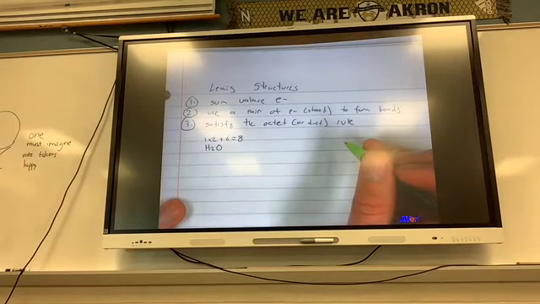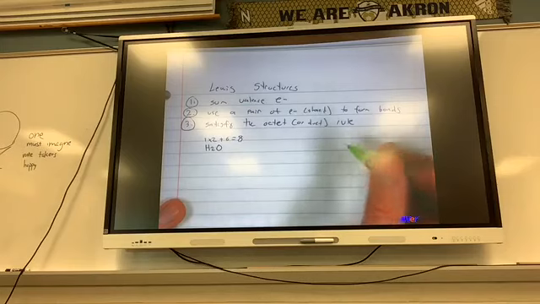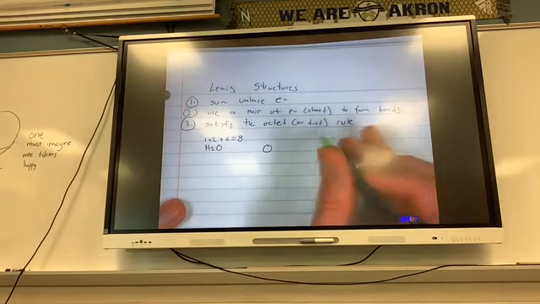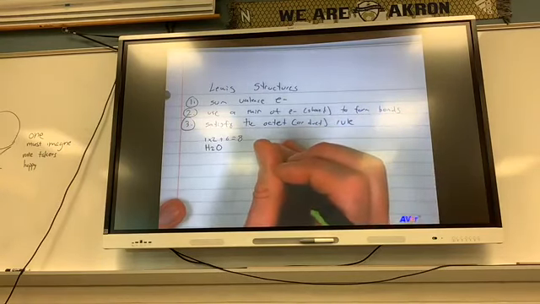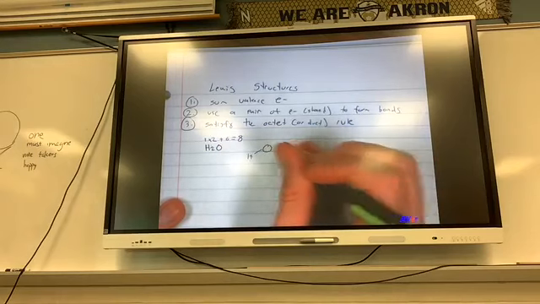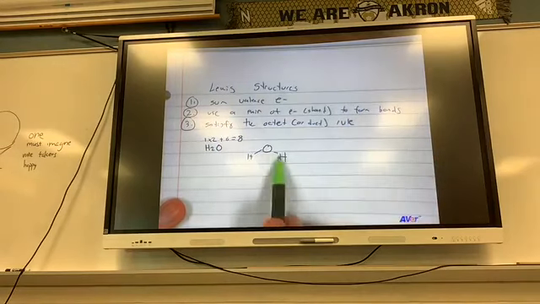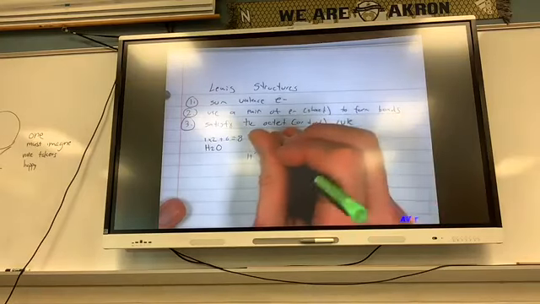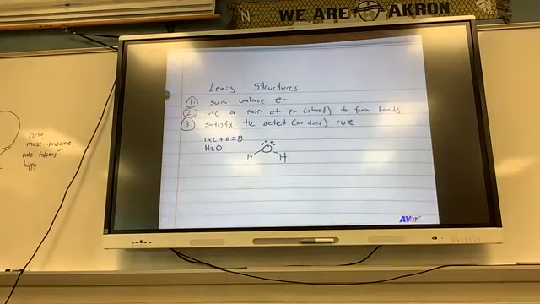So you usually put the most electronegative thing in the middle if you can't decide, or just what makes sense, which on this one it makes sense to have oxygen in the middle. So oxygen, I have an H here, an H here, so that's 4 electrons accounted for. I need to show 8. So I have 2 here and 2 there. So that would be the Lewis structure for water.